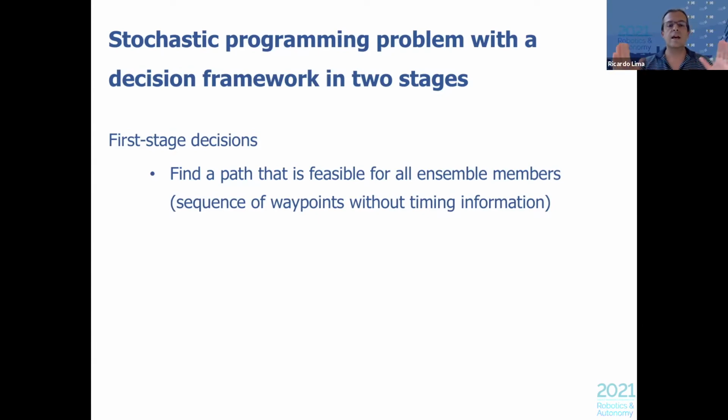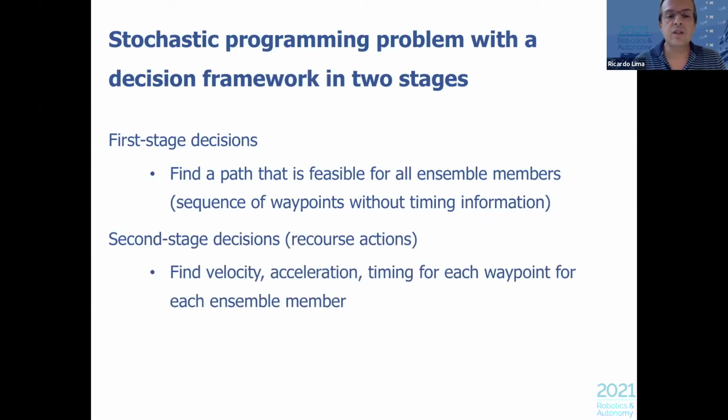Okay, so assuming that we have the 50 forecasts, the path will be a sequence of waypoints that for any of these forecasts, the vehicle will be able to follow. So you will find solutions that are feasible for all. And if there is a solution that is infeasible for one of the forecasts, that solution is not selected, right?